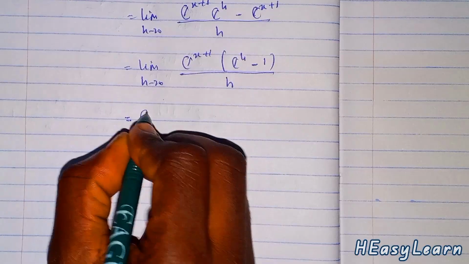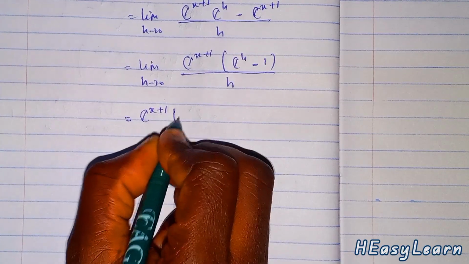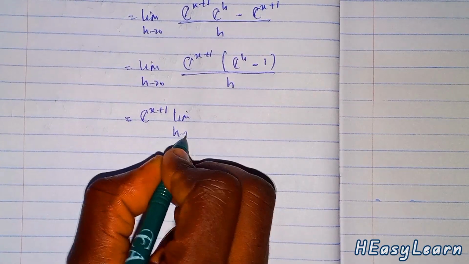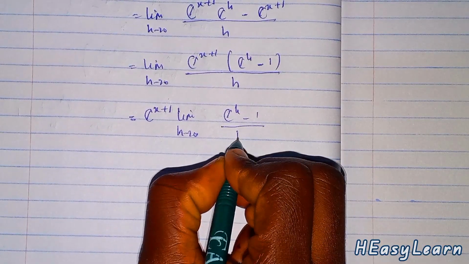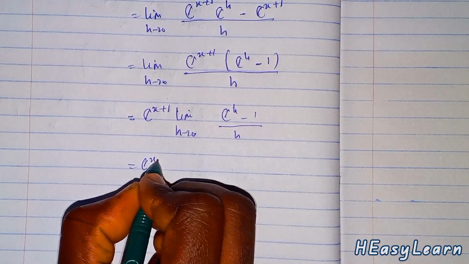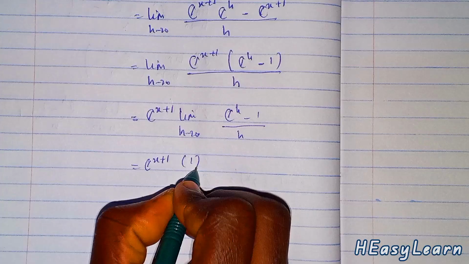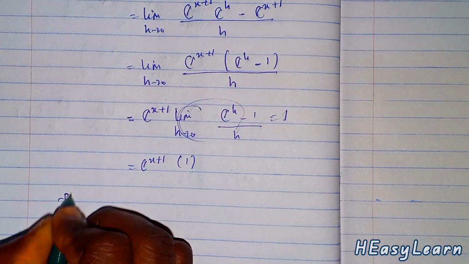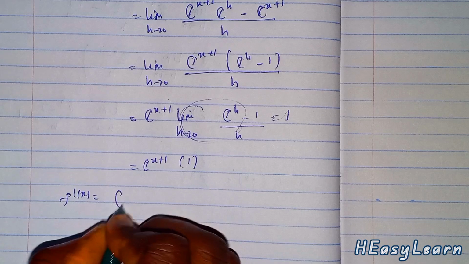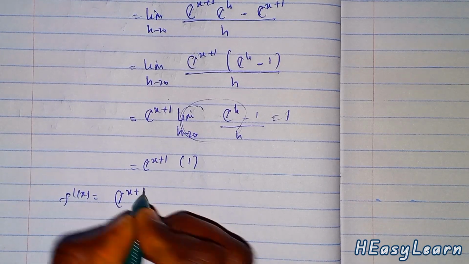The same thing as exponential x plus 1, the limit h approach 0 of exponential h minus 1 over h. Exponential x plus 1 multiplied by 1. The limit of this is equal to 1. So f prime of x is equal to exponential x plus 1.